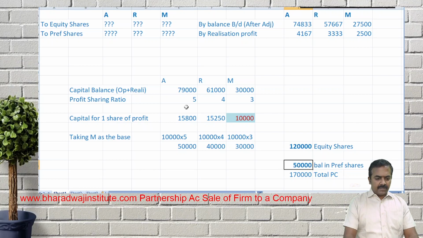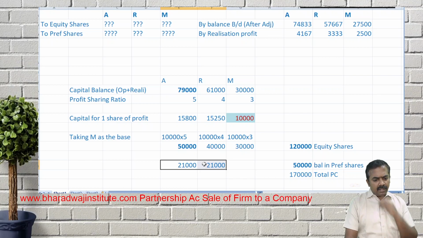செக் வேணா பண்ணி பார்க்கலாம். Surplus capital பாருங்களேன். 79,000 minus 50,000. போட்ட எவ்வளவு பேலன்ஸ் இருக்கு? 21,000 இருக்கும். இவனுக்கு 61,000 minus 40,000 போட என்ன வரும்? 21,000 வரும். Sorry. 79 minus 50. 79 minus 50 என்ன வரும்? 29,000. அதனை பார்த்து 21,000 இருக்கு. இவனுக்கு சர்ப்ளஸ் இருக்காது.